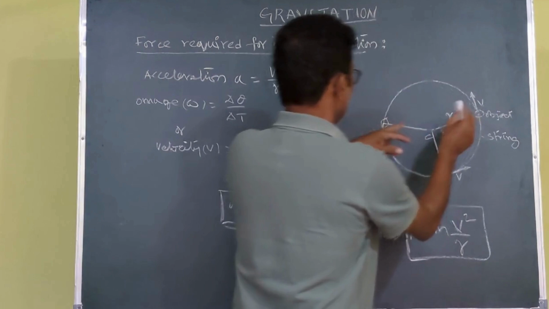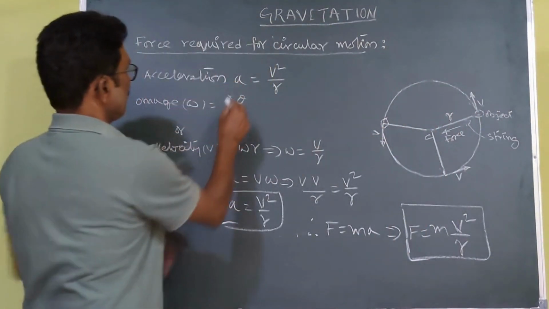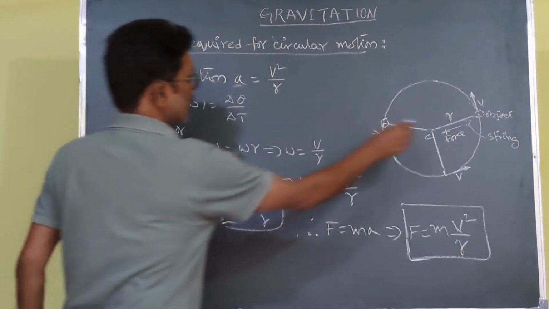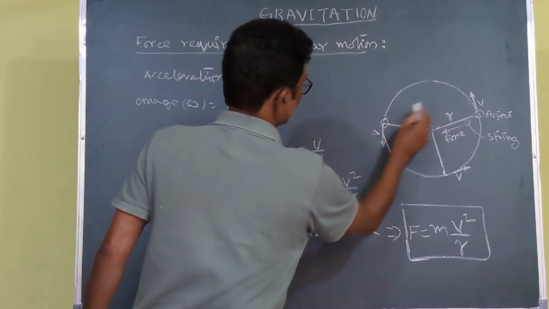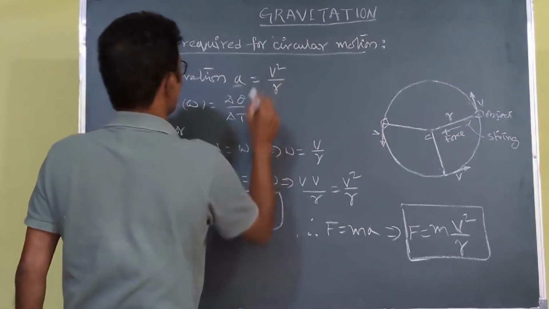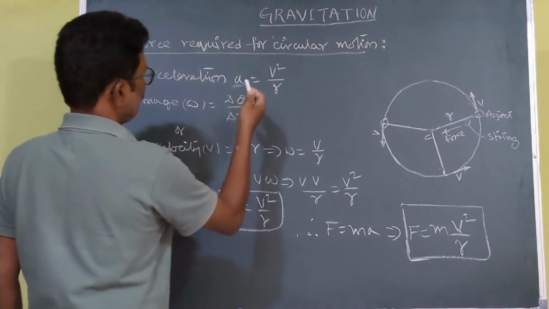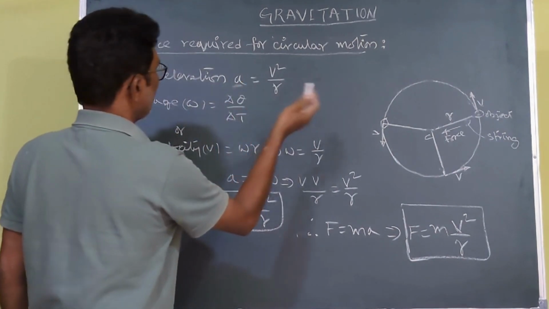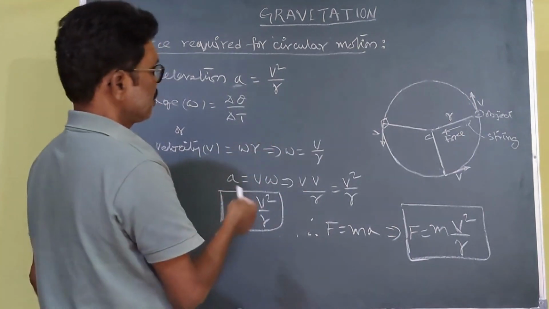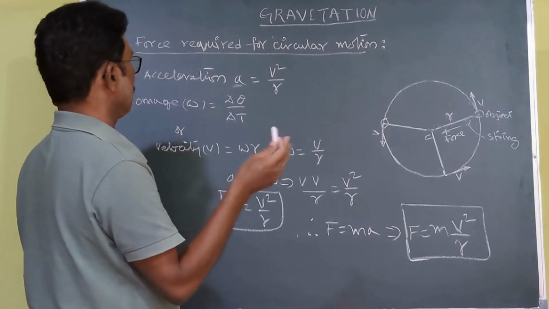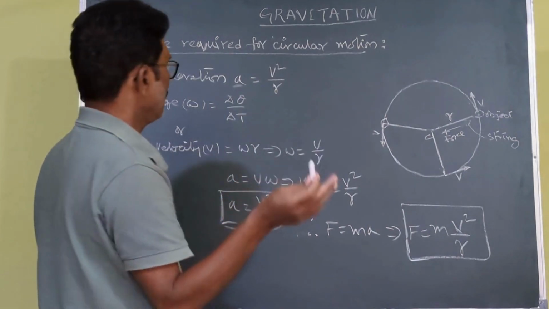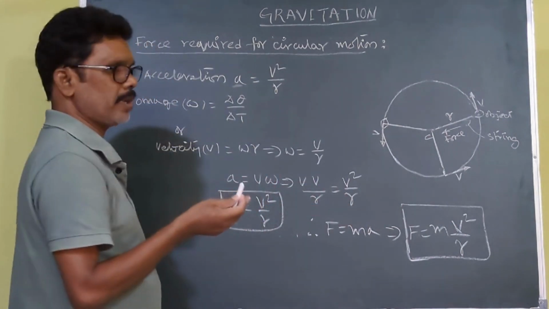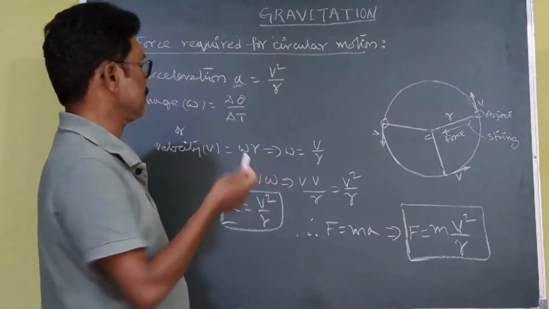We can calculate the acceleration of that object at different points as v square by r. How are we arriving at that equation? On a straight road, acceleration is the rate of change of velocity.